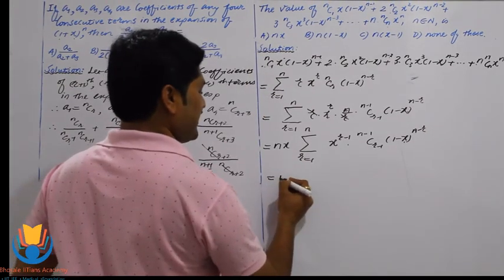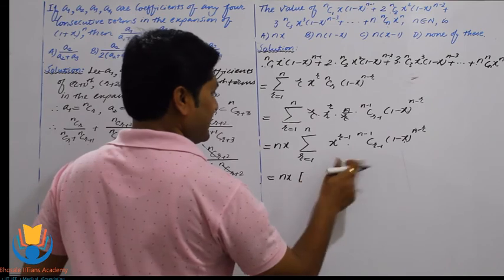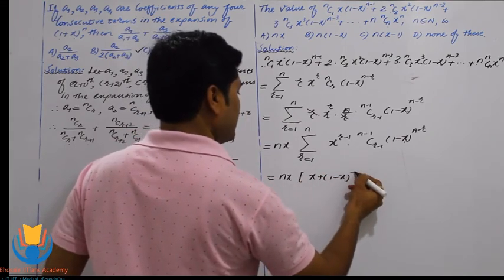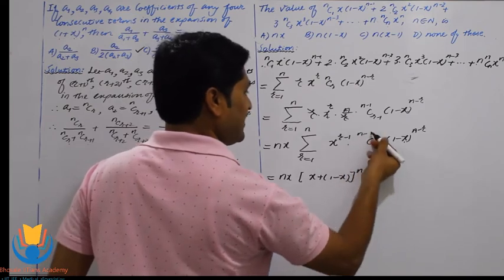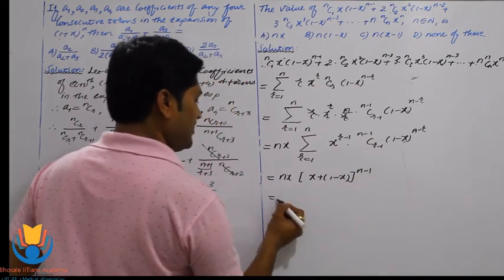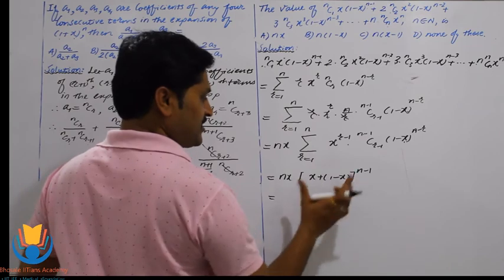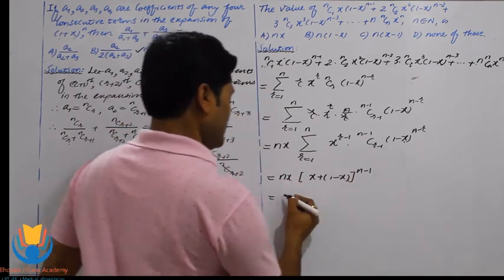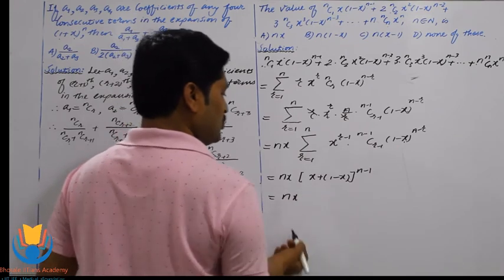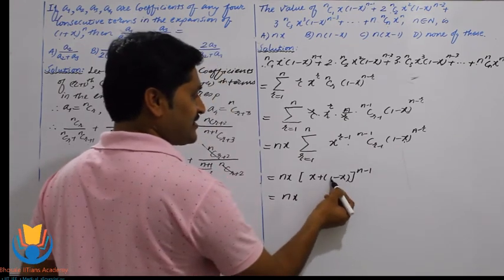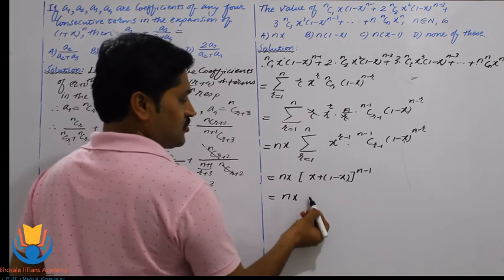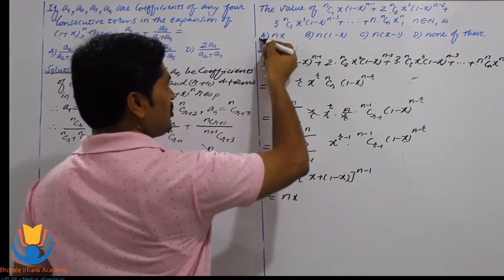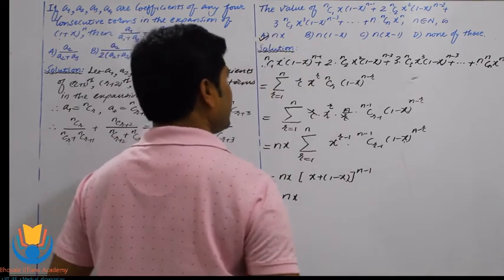Let this nx be as it is, and this part is nothing but (x plus 1 minus x) whole raised to n minus 1. That means when I expand this using the formula (x plus a) whole raised to n, we are going to get the same. So 1 raised to anything is 1. So 1 into nx is here nx. So this nx we can see here in option A. So option A is the correct one.